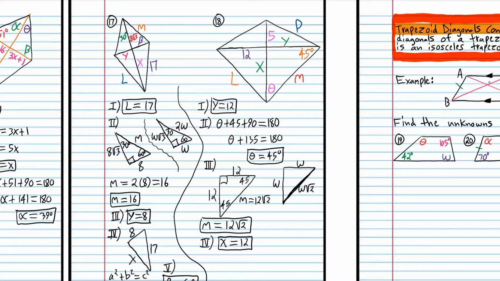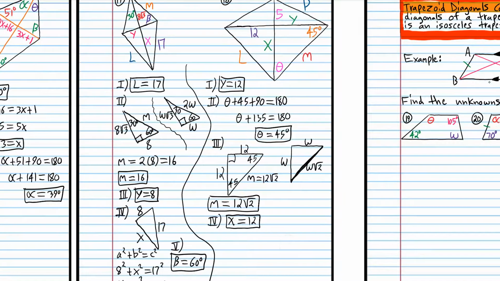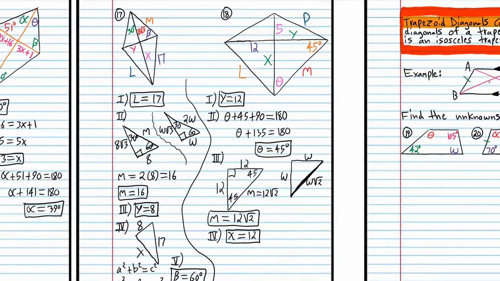Again, I know this stuff looks complicated, but it's not really that complicated if you have your theorems down. But it is a puzzle. It's definitely a puzzle that you have to solve. And L, we know that M is 12 root 2. So L, because this is a kite, L must be 12 root 2 also.